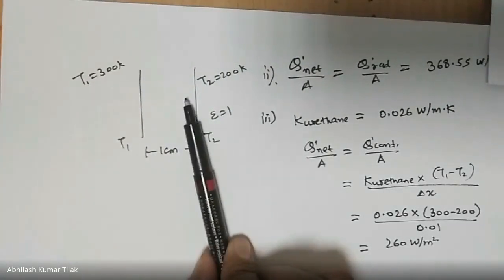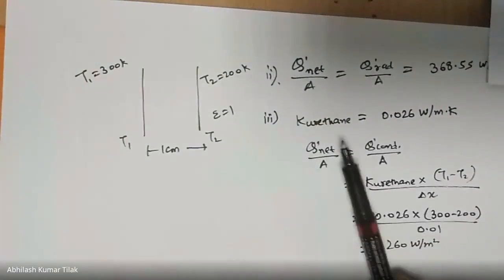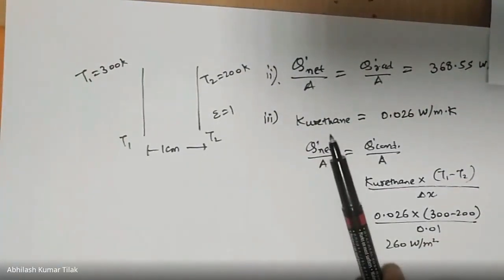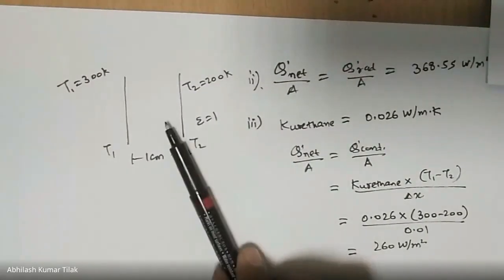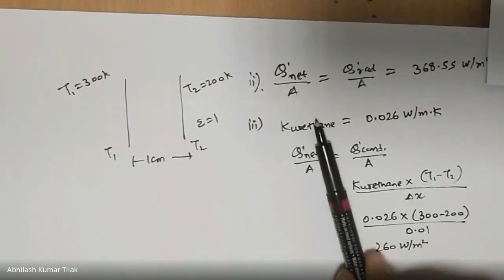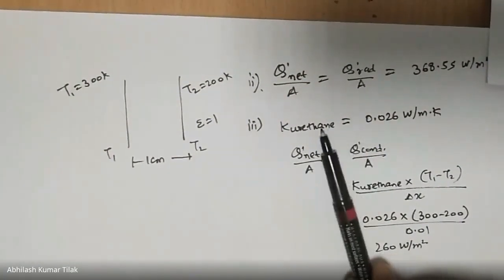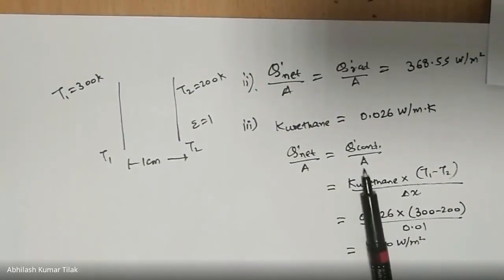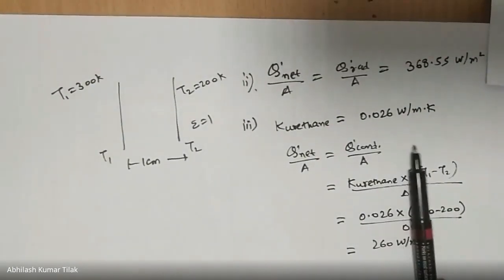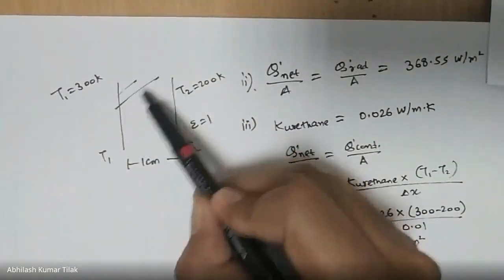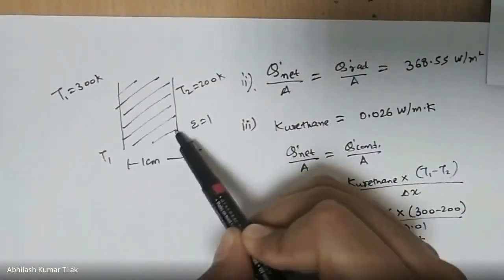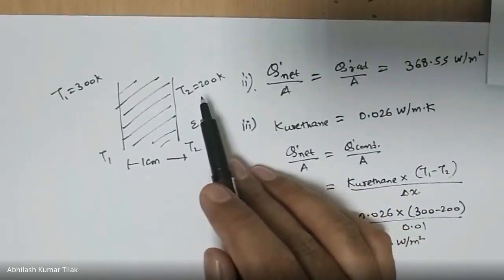Also, the thermal conductivity of the insulating material already accounts for the radiation heat transfer which may be occurring through some voids or pores in the insulating material. So the rate of heat transfer here will be only due to conduction. We are not considering the radiation here, since the insulating material is going to block the radiation.